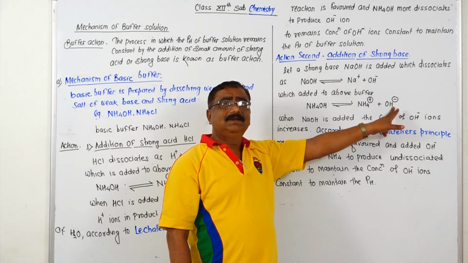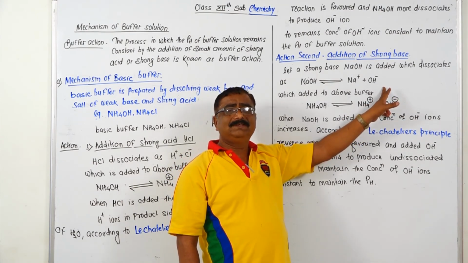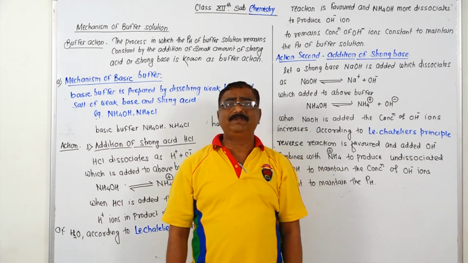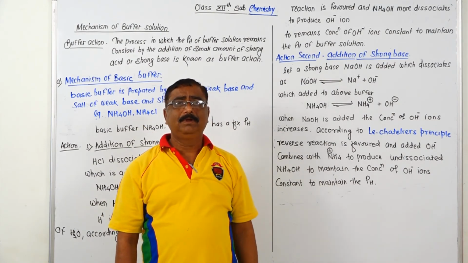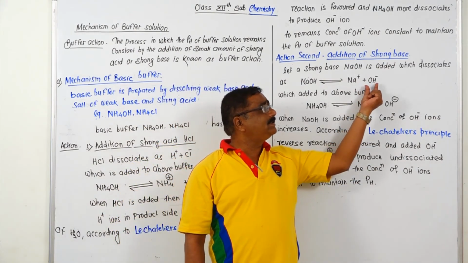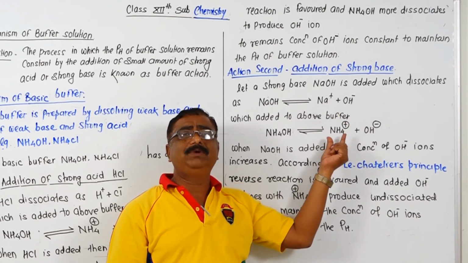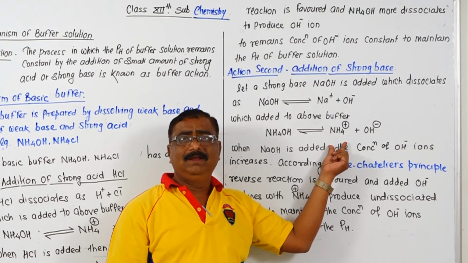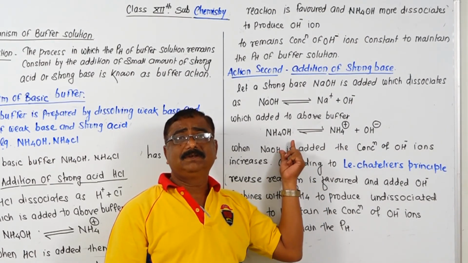Hence, as the concentration of OH minus ion increases, according to Le Chatelier's principle, reverse reaction will be favored. Whatever the excess added OH minus ion, these combine with NH4 plus ion and produce undissociable NH4OH.